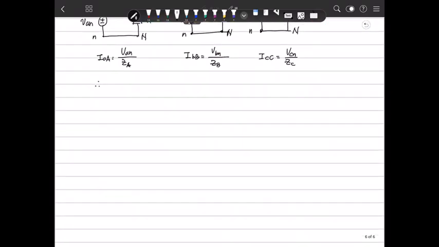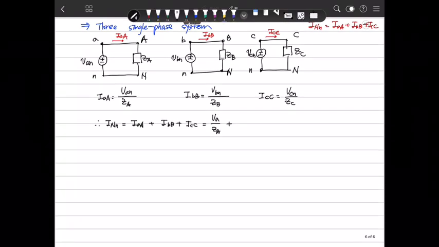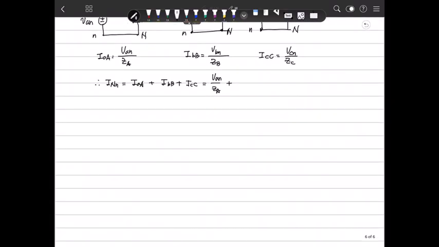Therefore, the current INN, the sum of IAA plus IBB plus ICC, is GA VAN plus GB VBN plus GC VCN.